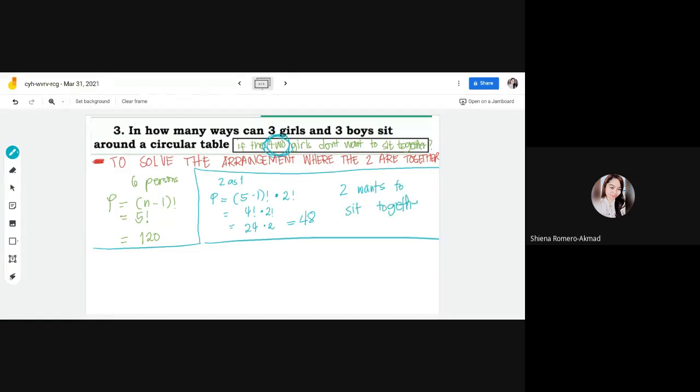Ito yung ibabawas natin para makuha natin yung arrangement na ayaw nilang magkatabi. Ito yung arrangement nila as a whole. Okay? So, yung arrangement nila as a whole, minus natin to. So, we'll get the arrangement that they are not together.